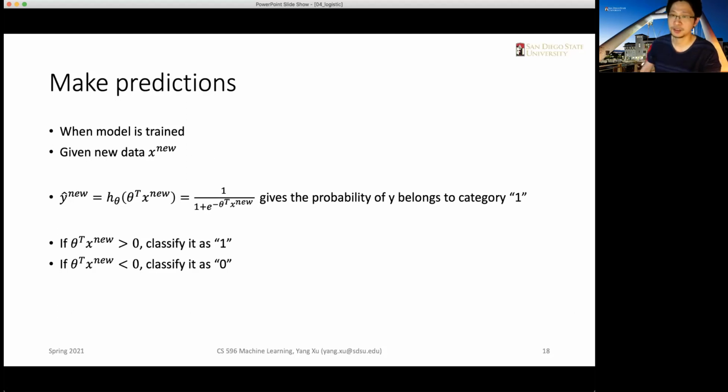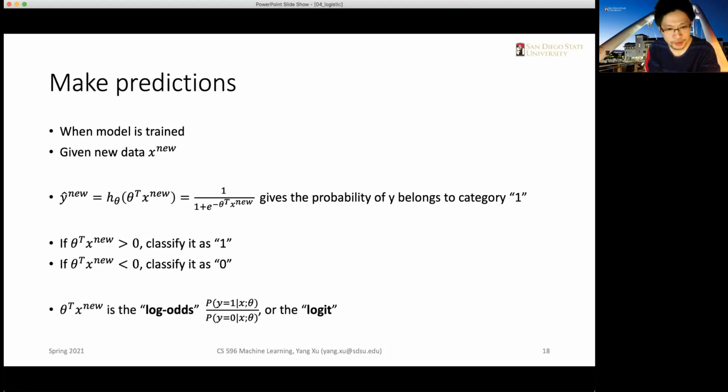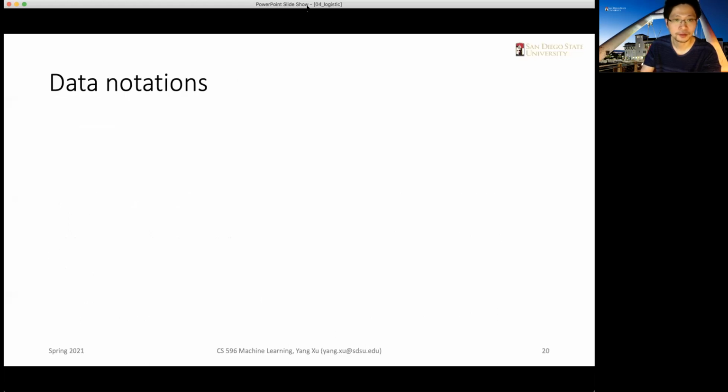If it's negative, then it's 0. In statistics, this linear combination theta transpose times x has a name called log odds. It is basically the log of the ratio of the probability of belonging to 1 versus the probability of belonging to 0. This is just for some connection to statistical terms.